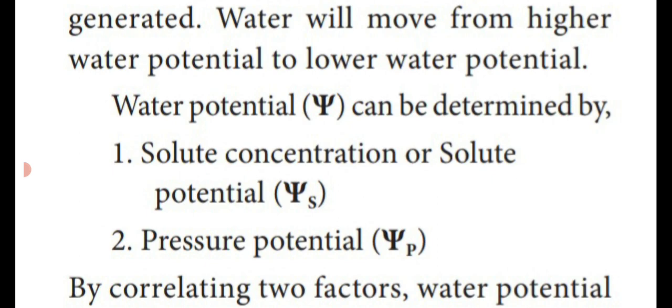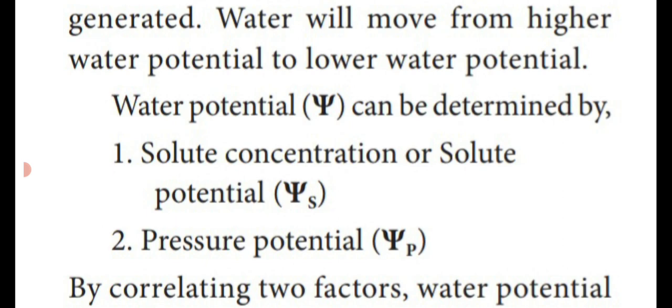So, the water potential is determined by two factors. One is the solute concentration or solute potential, that means based upon the thickness of a solution. We already saw in the previous lines that the water potential of a solution is less than that of pure water, isn't it?